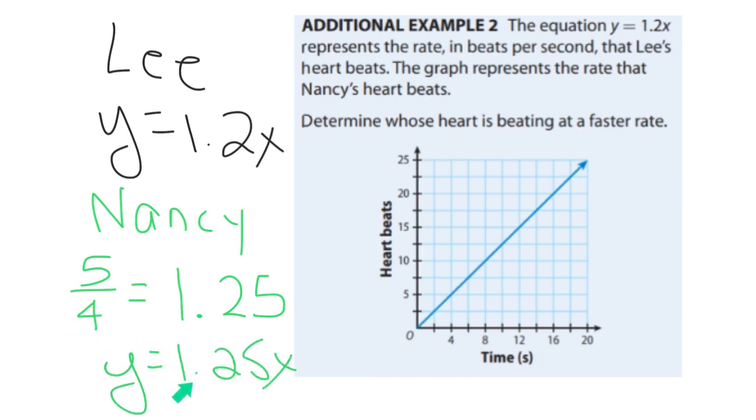So Nancy's heart rate is 1 and 2500ths beats per second. And Lee's is 1 and 2/10 beats per second. So I would say that Nancy's heart is beating faster because her rate is higher. So Nancy's heart is beating faster.